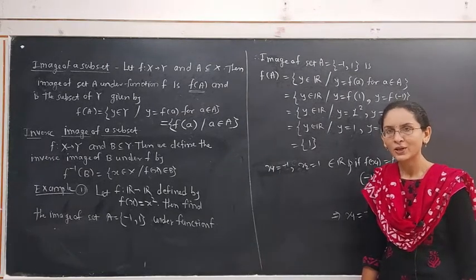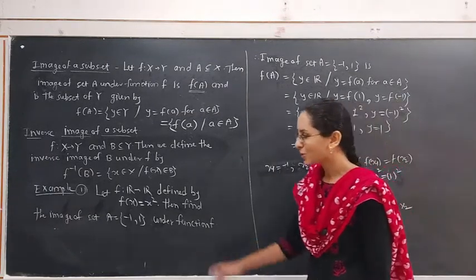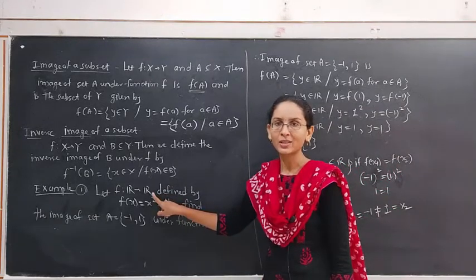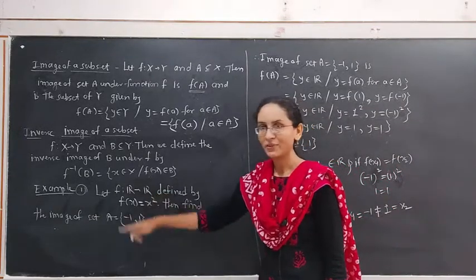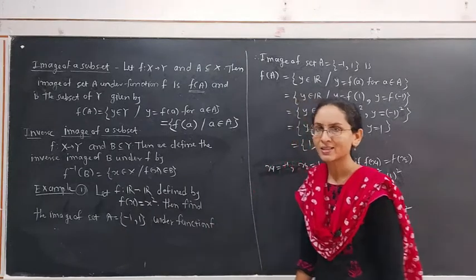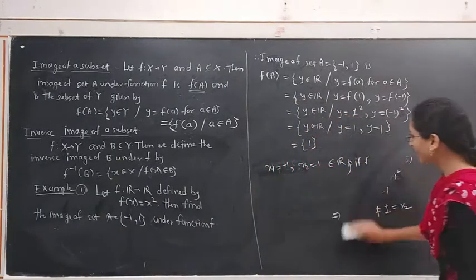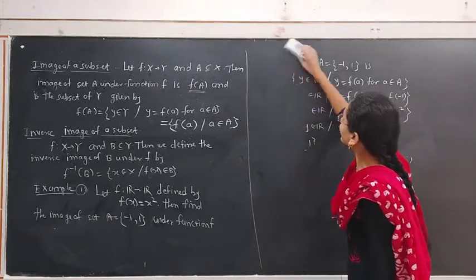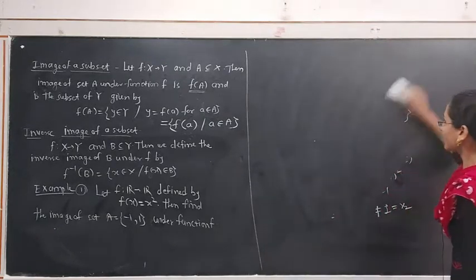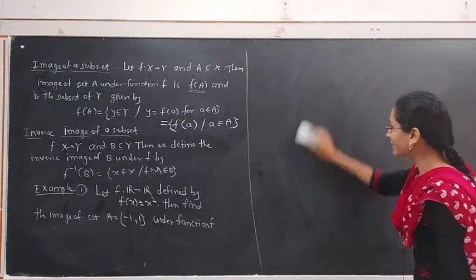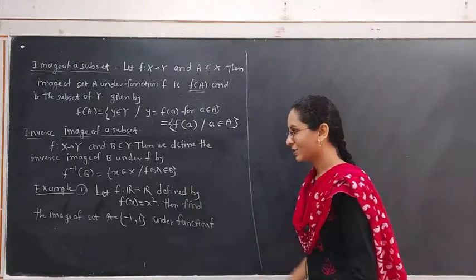So we cannot find the inverse image of any subset of real numbers under the function f inverse, because f inverse does not exist, as f is not one-one, hence not bijective.